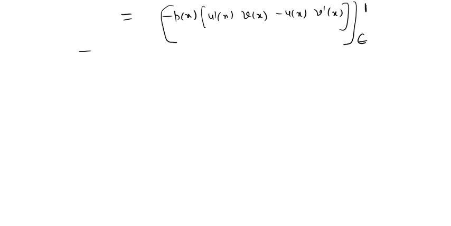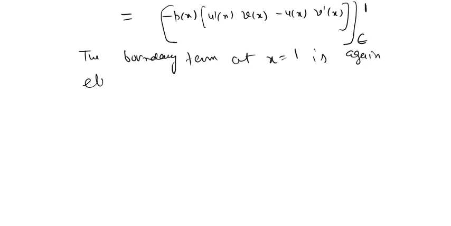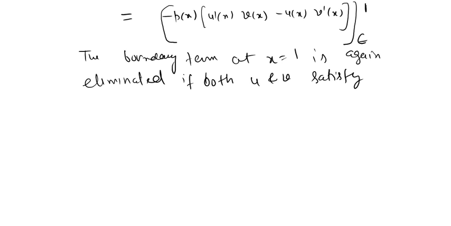So the boundary term at x equal to 1 is eliminated. You don't have a problem at 1, so using the boundary condition you can eliminate it if both u and v satisfy the boundary conditions.